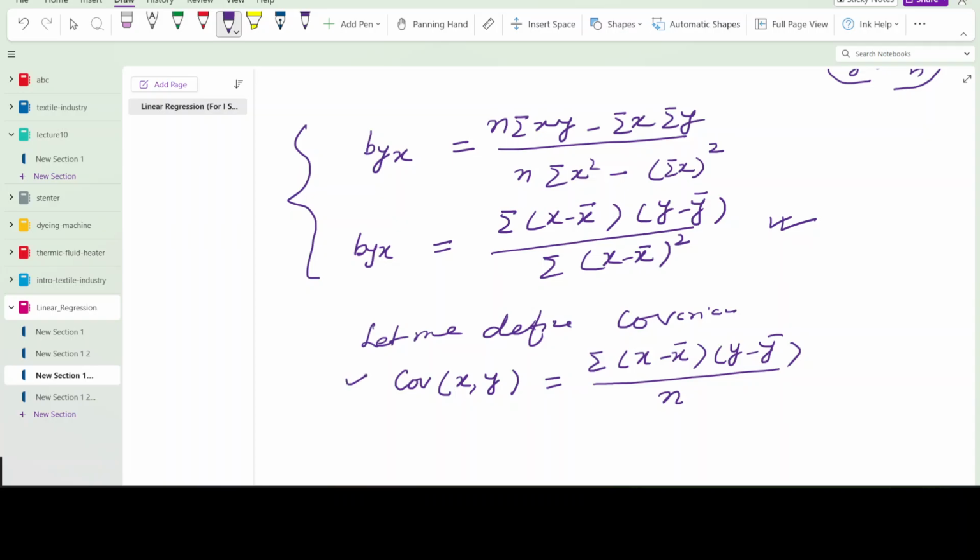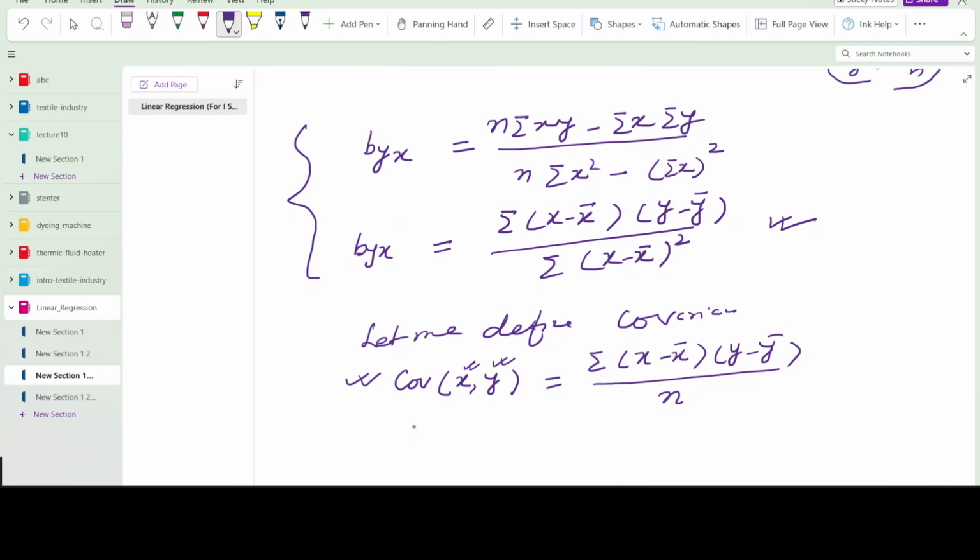This is the definition of covariance xy. What is covariance? Covariance is a measure of the relationship of two random variables. Here these variables are x and y.